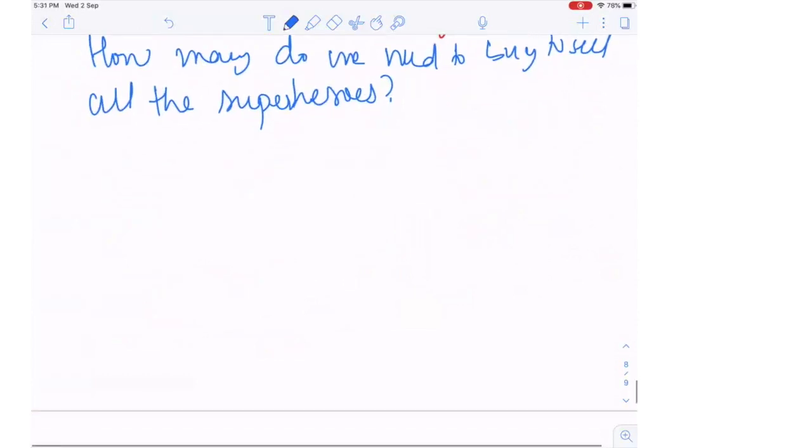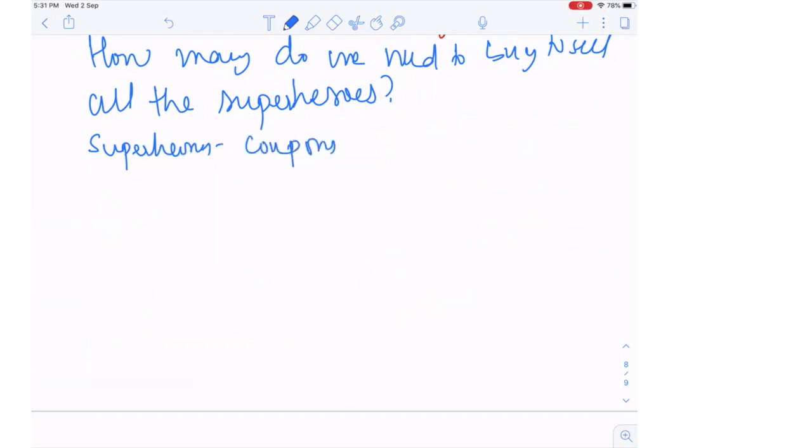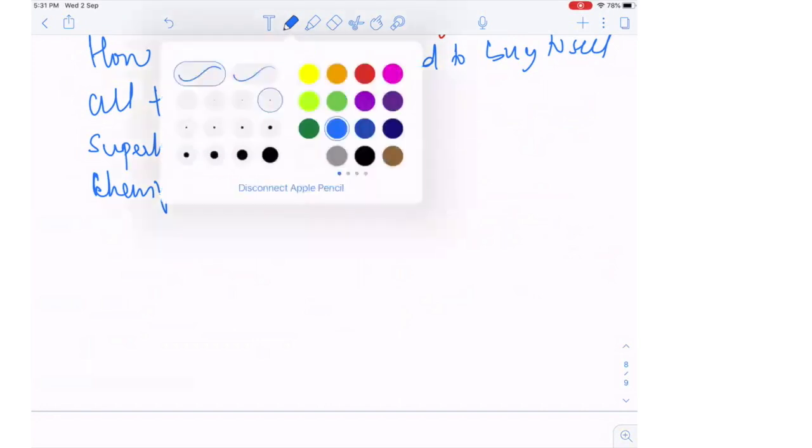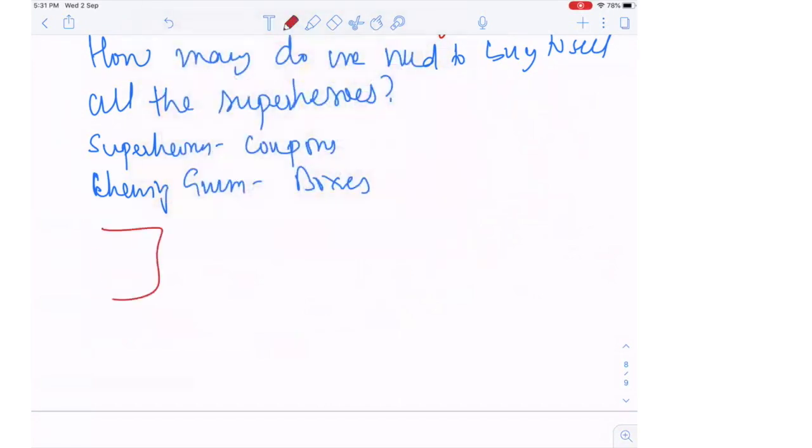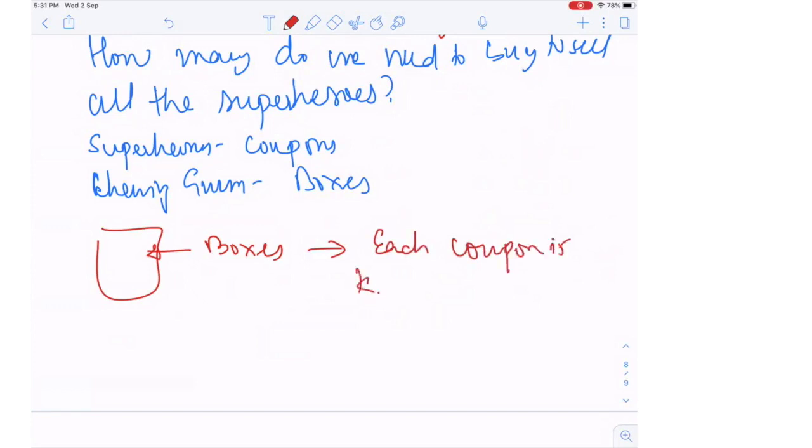To do that, we will say that our superheroes correspond to coupons, and chewing gum will correspond to boxes. So here are the boxes, and each coupon is kept in the box.